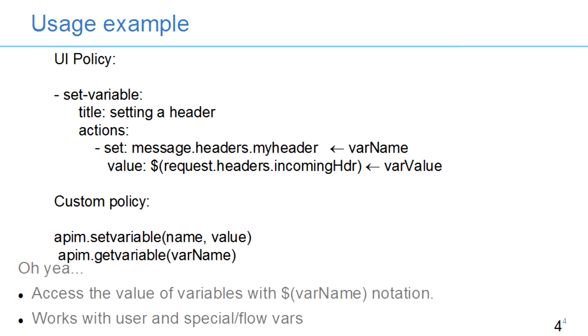That basically allows you to reference another already existing variable. So in this case, message.headers.my-header would have the value that's in the incoming header. Okay? And there's also a custom policy implementation available in apim.custom that allows you to do this in your custom policy. It's the same behavior all the way through. And that's all I have for you today.